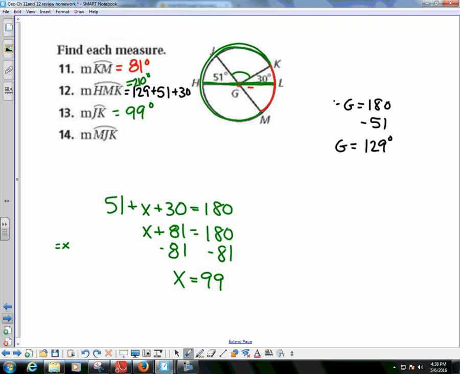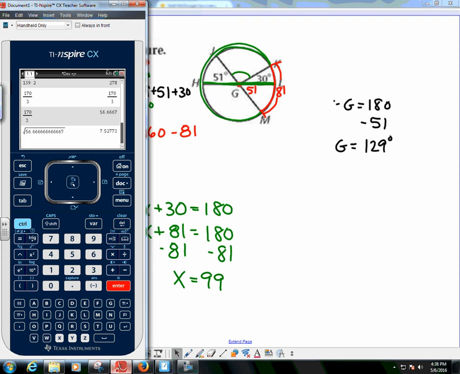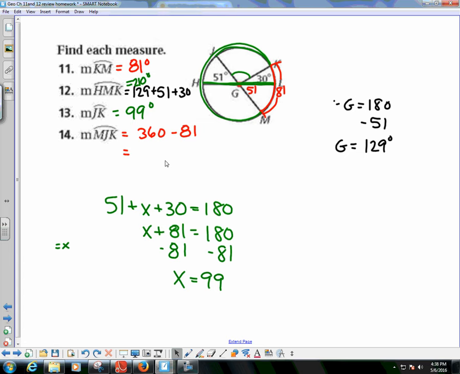We said this whole thing right here was 81. So if that whole thing is 81, I can say that MJK is 360 minus 81. And honestly, I just don't know what that is. 360 minus 81 gives me 279 degrees.